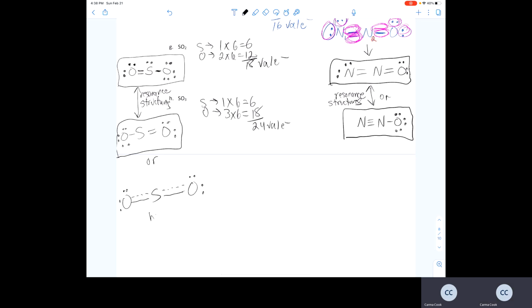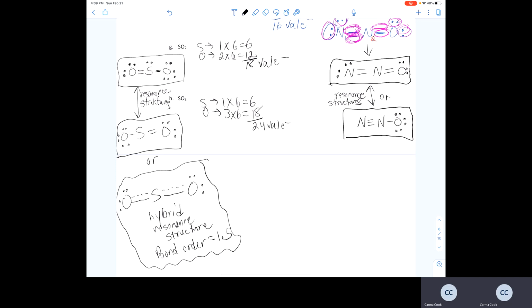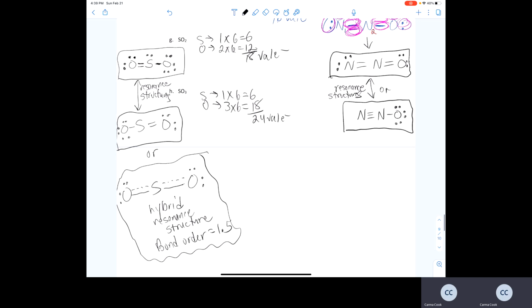And so this is the hybrid resonance structure, showing the hybrid 1.5 bond. So the bond order equals 1.5 for each of those bonds. So that's SO2.